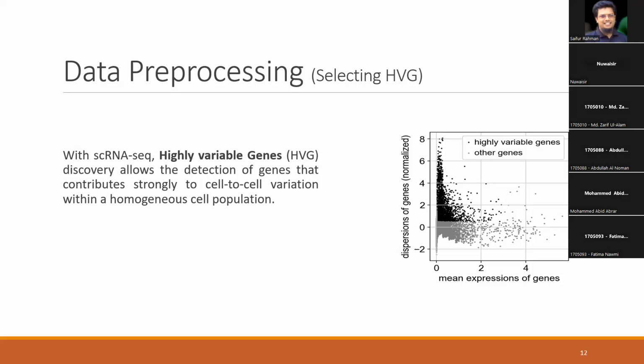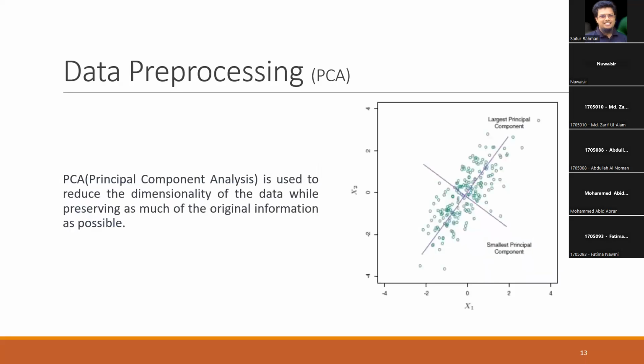So many genes are not very easy to work with, so we only take the highly variable genes. After that, we used principal component analysis to reduce the dimensionality of the data so that there is minimum loss of information and maximum information is captured in a lower dimension.